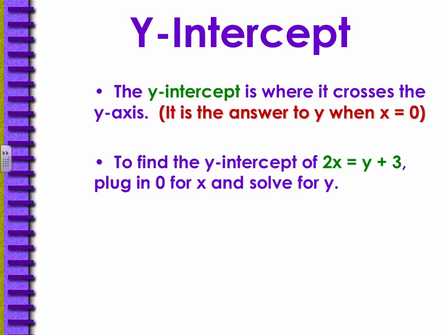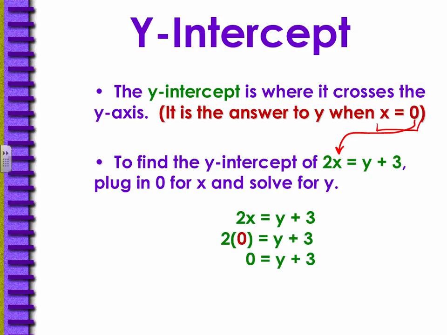All right, for that same equation, let's find the y-intercept. The y-intercept's where it crosses the y-axis, meaning that the x value is always 0 because you're not moving side to side on the grid. So to find the y-intercept of 2x = y + 3, this time we're going to replace x with 0 to find the value of y in that scenario.